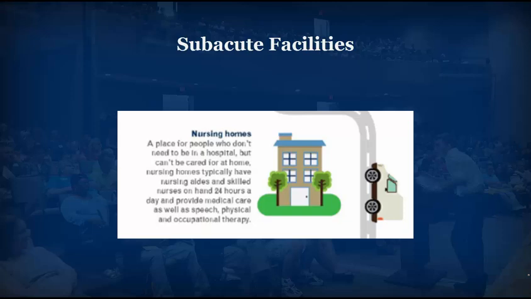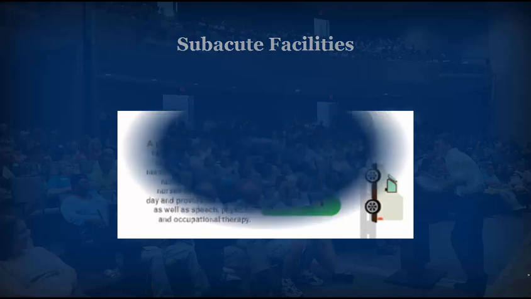We may see them in skilled nursing units or SNF units, and we may see home health come in to provide certain services overall. Now, subacutes are the cheaper alternative to the hospital stay, so if we can get our patient into a subacute facility for care, that is going to be the cheaper alternative than having to put them in an inpatient stay in a hospital to receive some of these services.